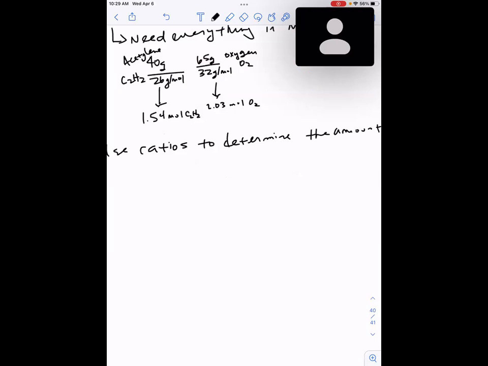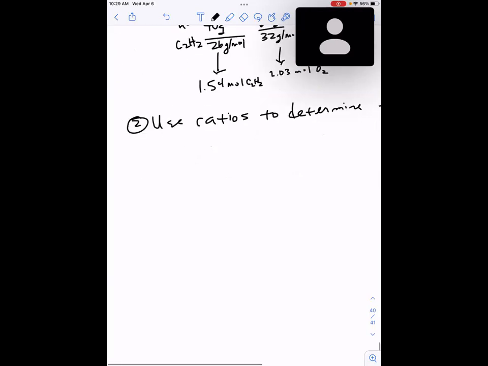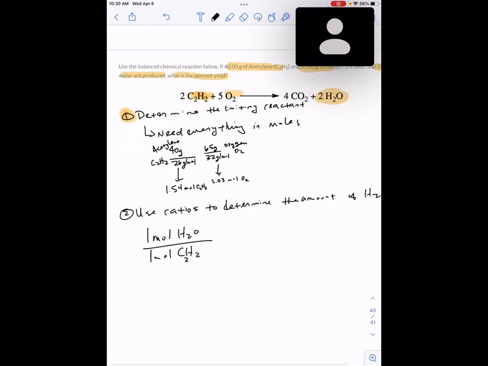So for acetylene, I'm putting water on the top: 1 mole of water over 1 mole of C2H2. We know from the equation that it's 2 to 2, but you can reduce that down if both numbers are the same.